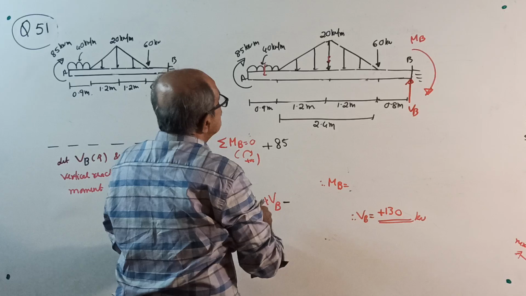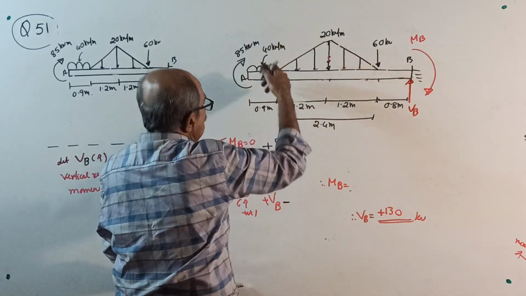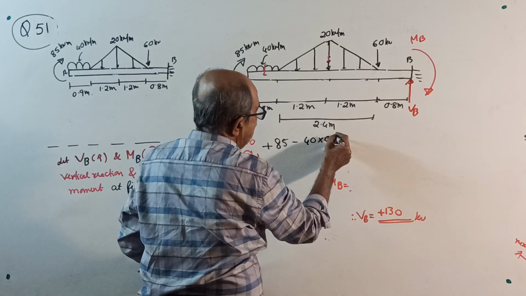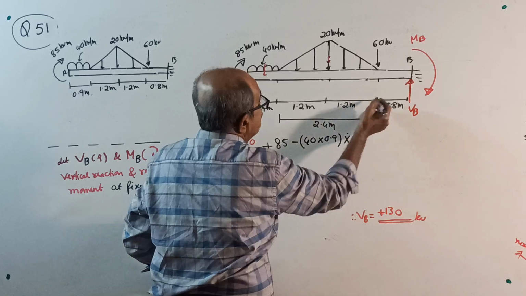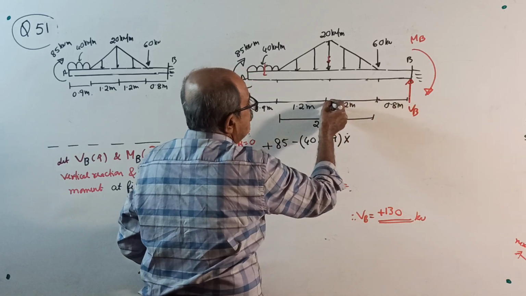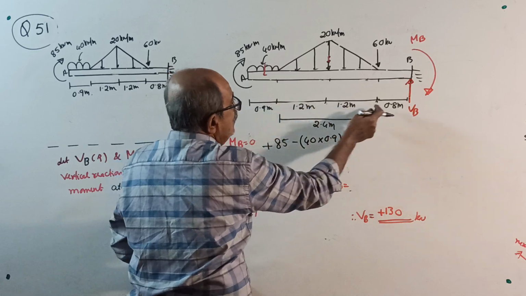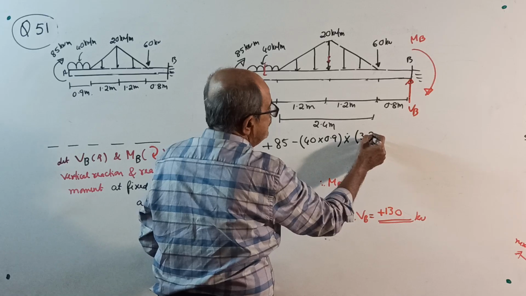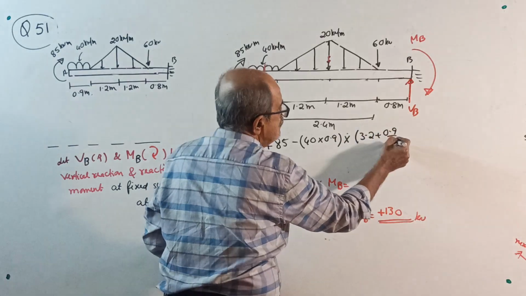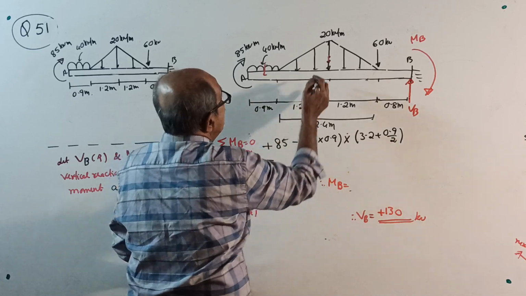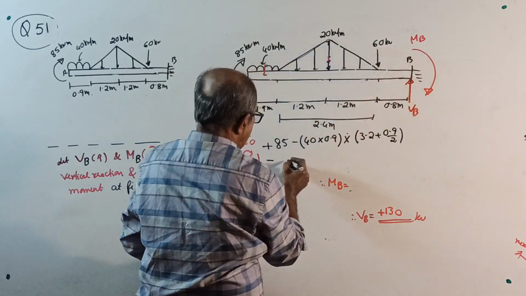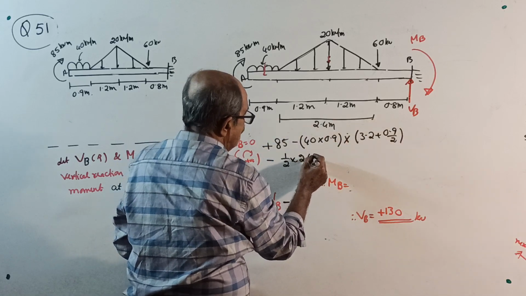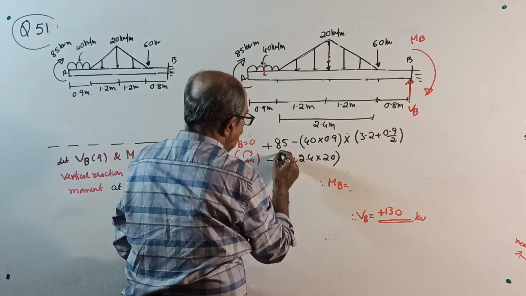So plus 85 minus 40 into 0.9, the total load, multiplied by the distance from here, 0.8 plus 2.4, 3.2, plus half of 0.9, 3.2 plus 0.9 by 2. This is also over. Minus, this is the full UVL, half into 2.4 into 20 is the total load directly.